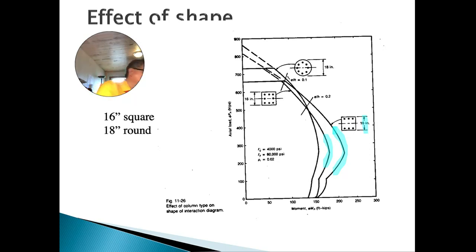In this next one, 6 out of the 8 bars, and remember it's equal amount of percentage steel, so only 6/8 of the steel is far away. And in the circular one, only those 2 are really far away from the neutral axis, and that one has the least moment capacity.